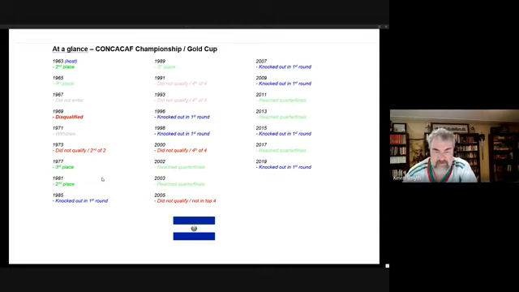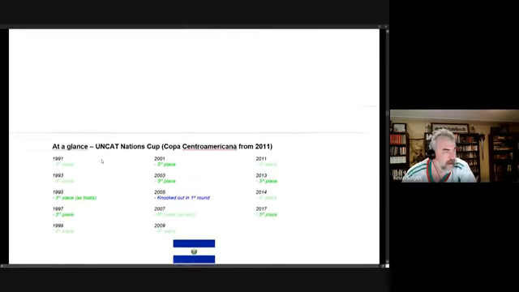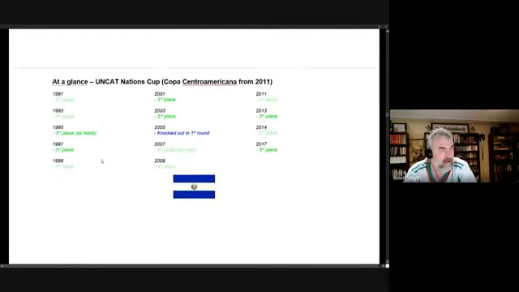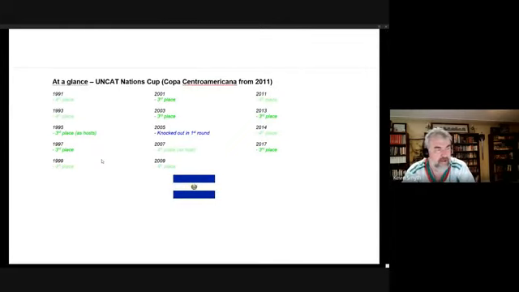Their local tournament for Gold Cup qualification is the Concacaf Nations Cup. From 2011, that became known as the Copa Centroamericana, but we will probably make mistakes and switch back and forth a bit. I'm going to go with the Concacaf Nations Cup.